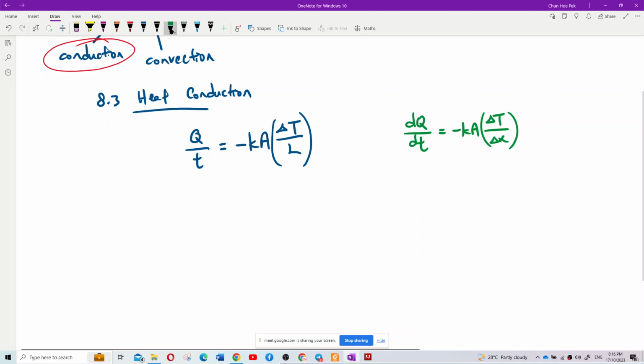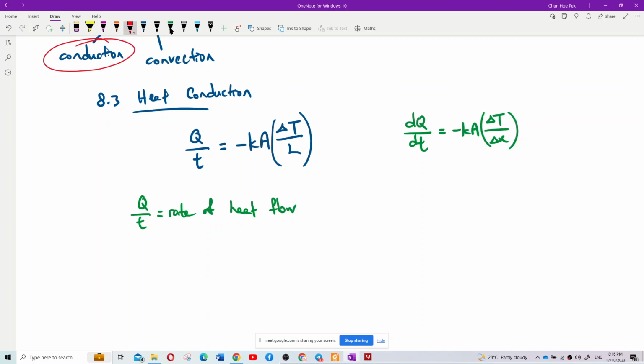So what are all these symbols? Q over T is actually the rate of heat flow. If you look at the formula, it is joule per second, like energy over time. So actually this is the same as power.